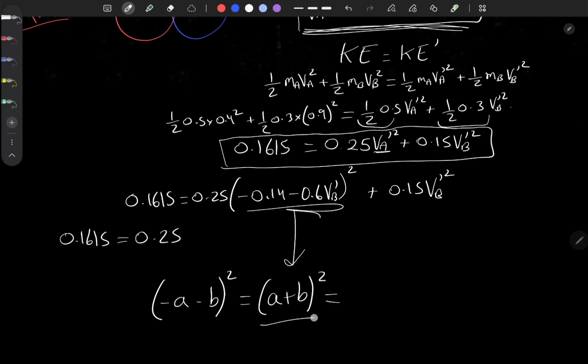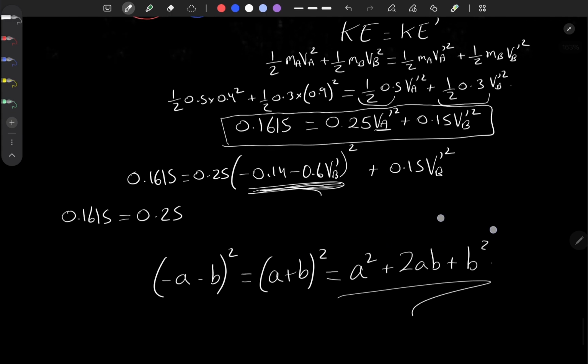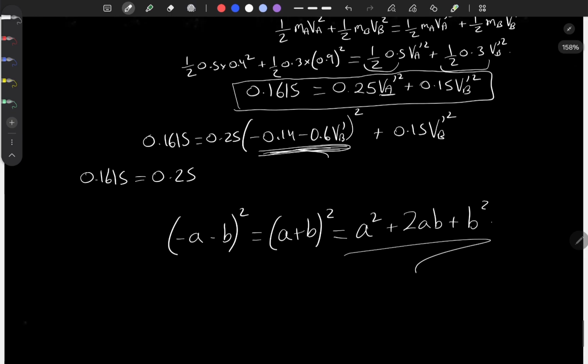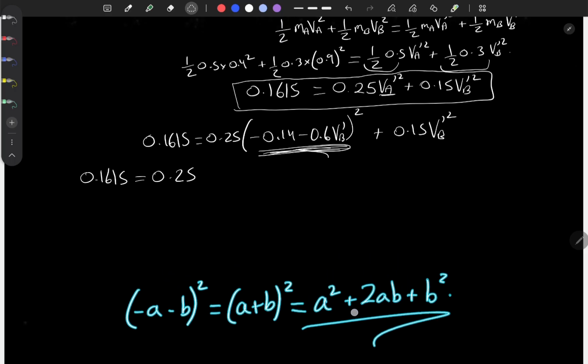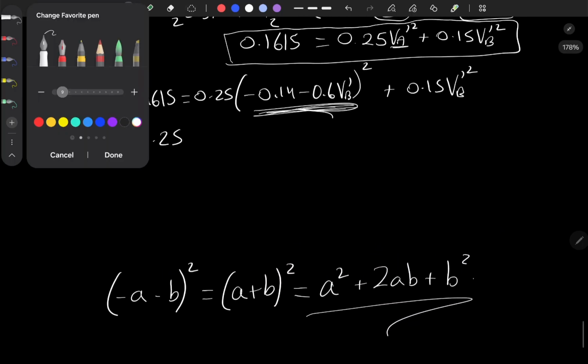And when you have a plus b all squared, to solve this, you end up saying that this is equal to a squared plus 2ab plus b squared. And that is exactly what we're going to do here. We're going to change this into a plus b, and then we're going to expand it like this. So I'm going to keep this on the side for us just so that you can keep seeing it as we are solving. So what will it look like now?